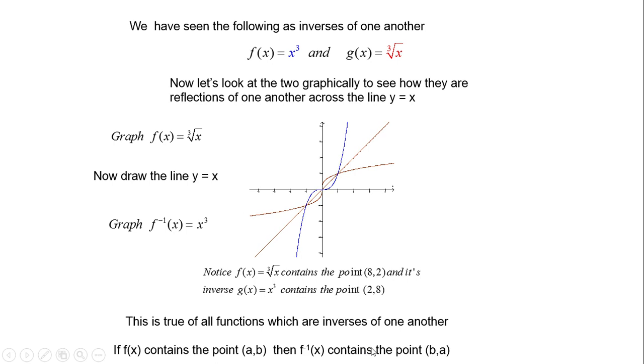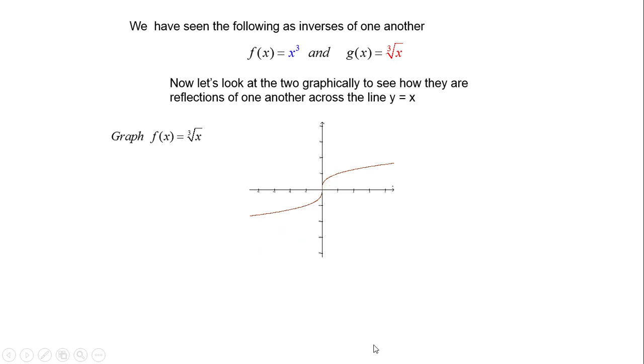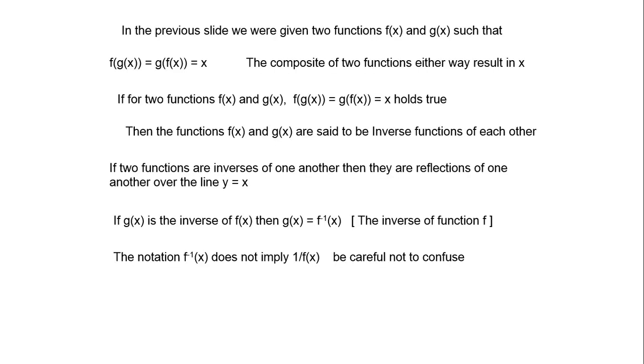I think we're going to stop this video at this stage. What we're going to say is, in summary, a couple things rang true for inverse functions. They are such that when you take the composition either way, it yields x. The notation given to inverse functions is implied here.